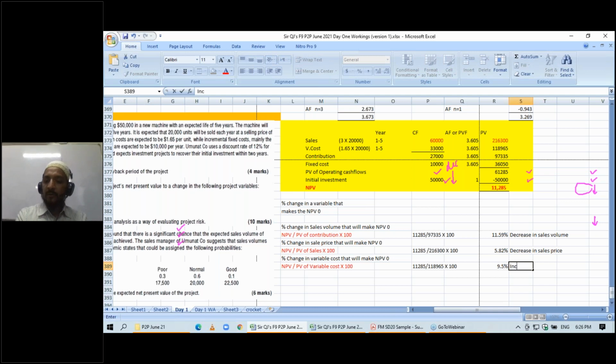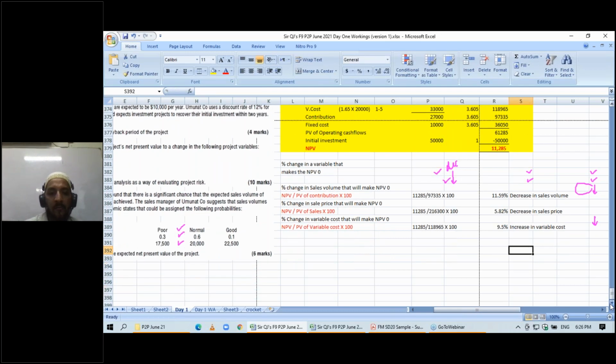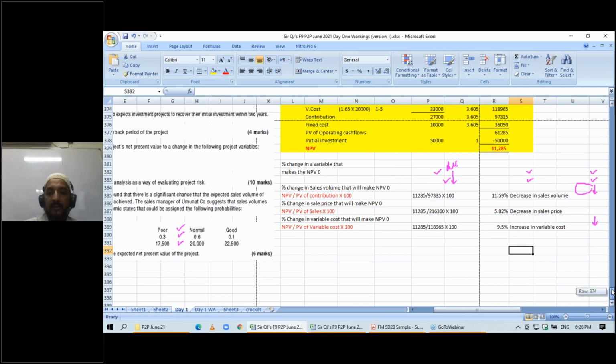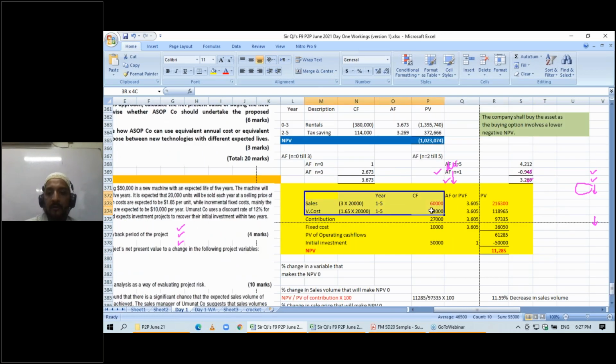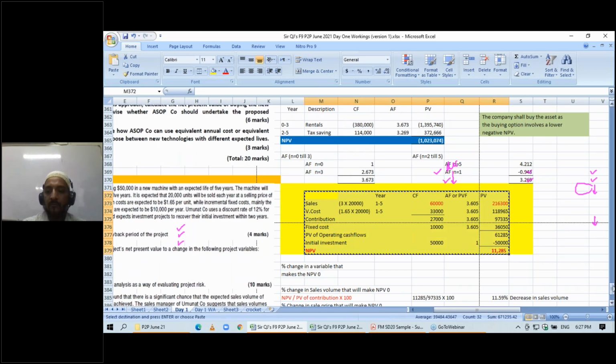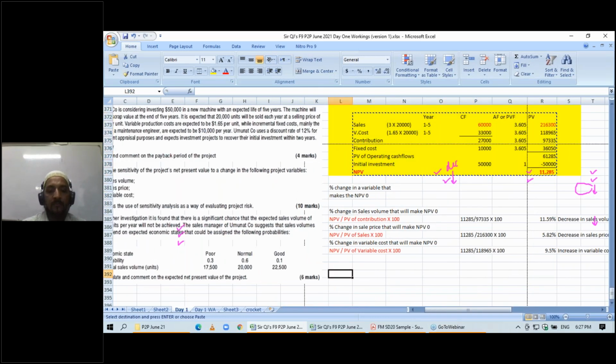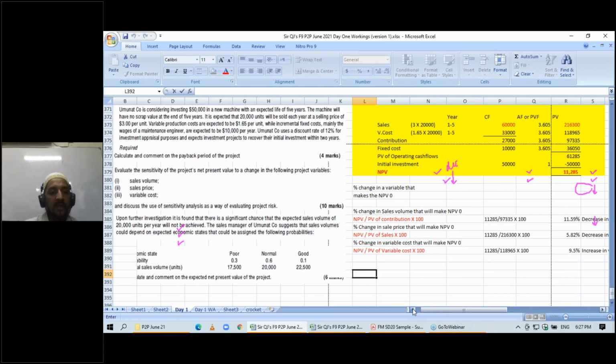In case of variable cost, an increase in variable cost can reduce the NPV. Okay, and in the last case, we need to calculate the expected present value. So let me calculate the expected present value in the last part.